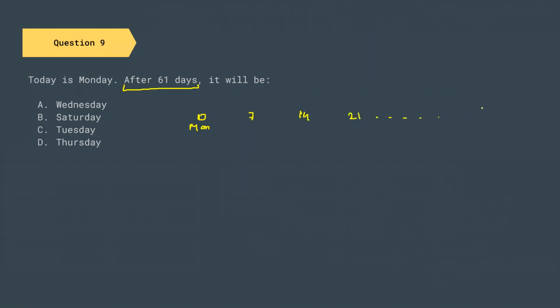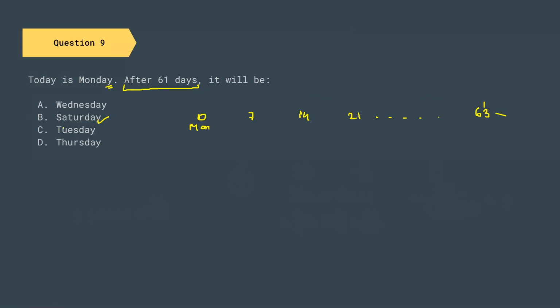So the 63rd day will be Monday. They are asking me what will be the day 61 days after this Monday. The 63rd day is Monday, so the 62nd will be Sunday, and the 61st will be Saturday. So this is your final result.